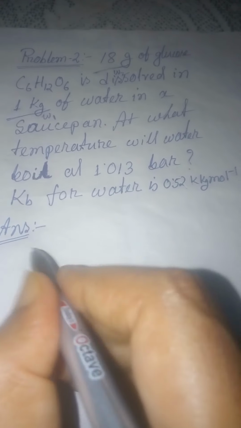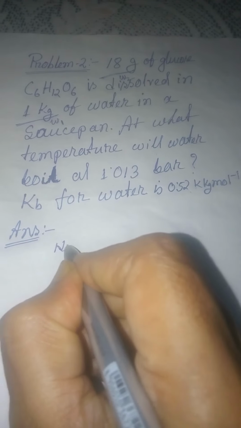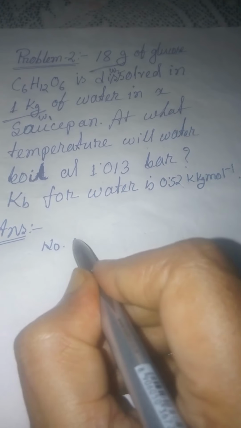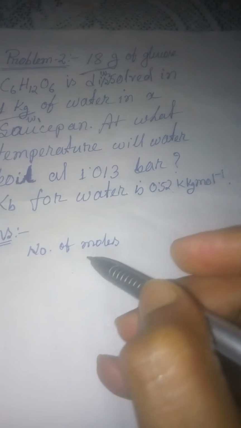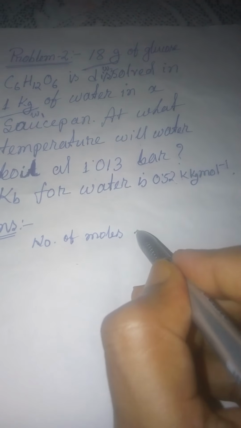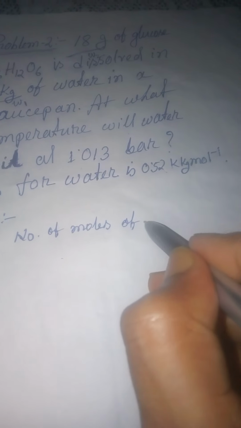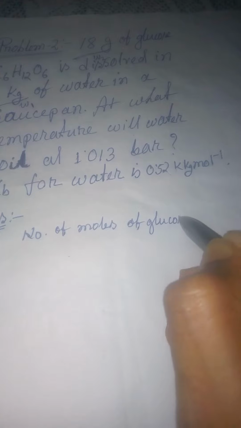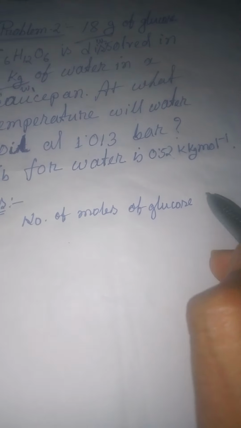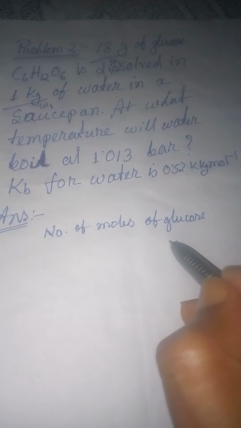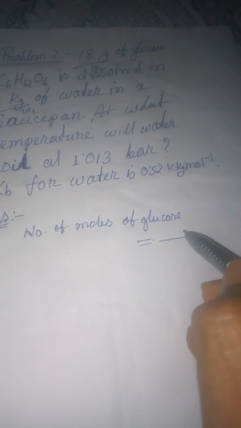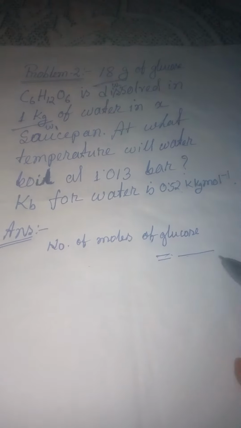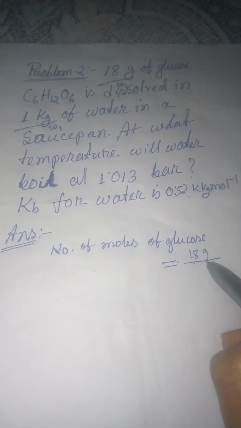So number of moles of glucose will be equal to given mass divided by the molar mass. So given mass is your 18 gram of glucose.